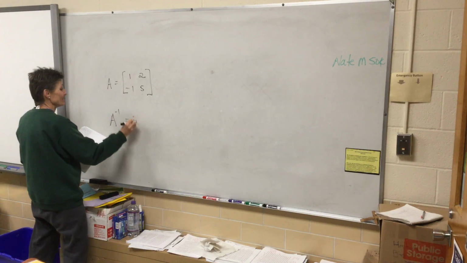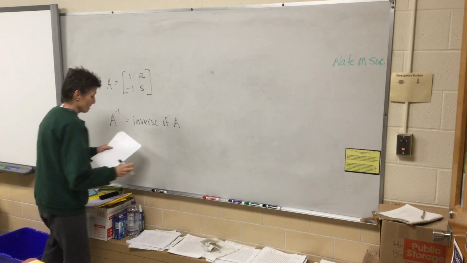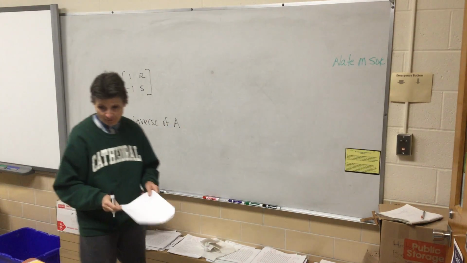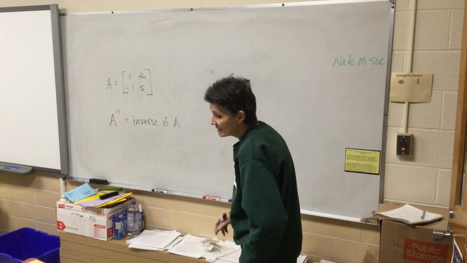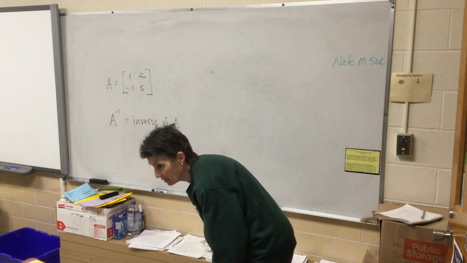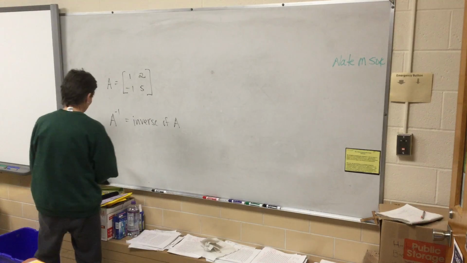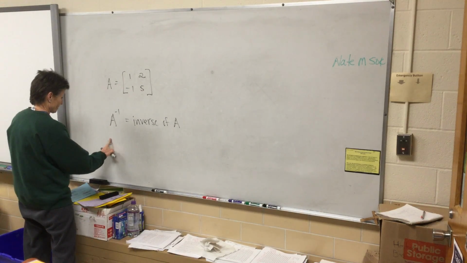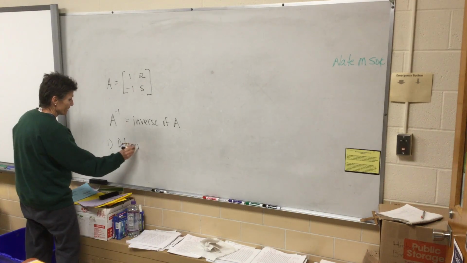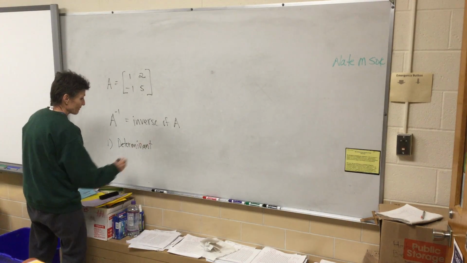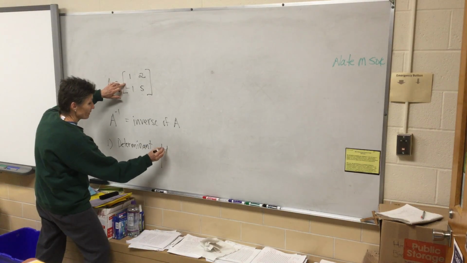This means the inverse of A. So we're going to find the inverse of matrix A. It is a two-step process. Step 1: find the determinant. Now that's what we did the very first thing. We're going to find the determinant of this matrix.